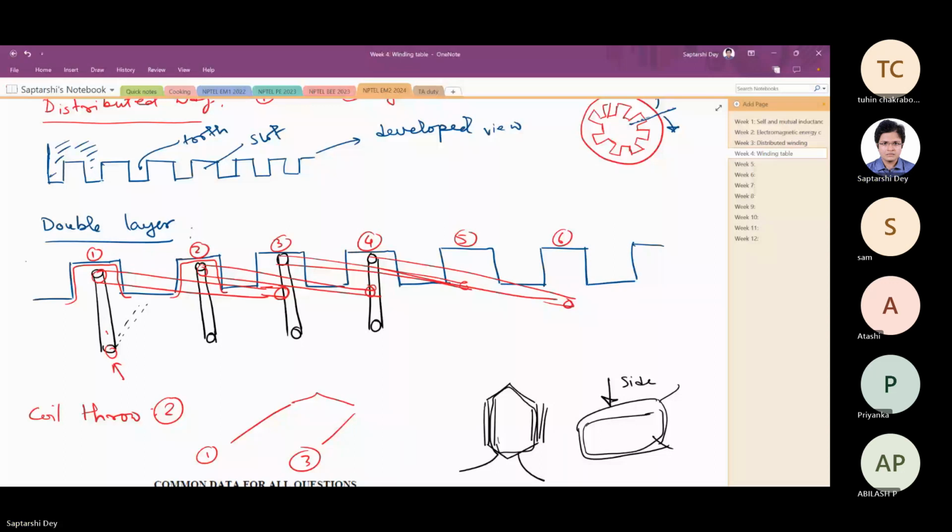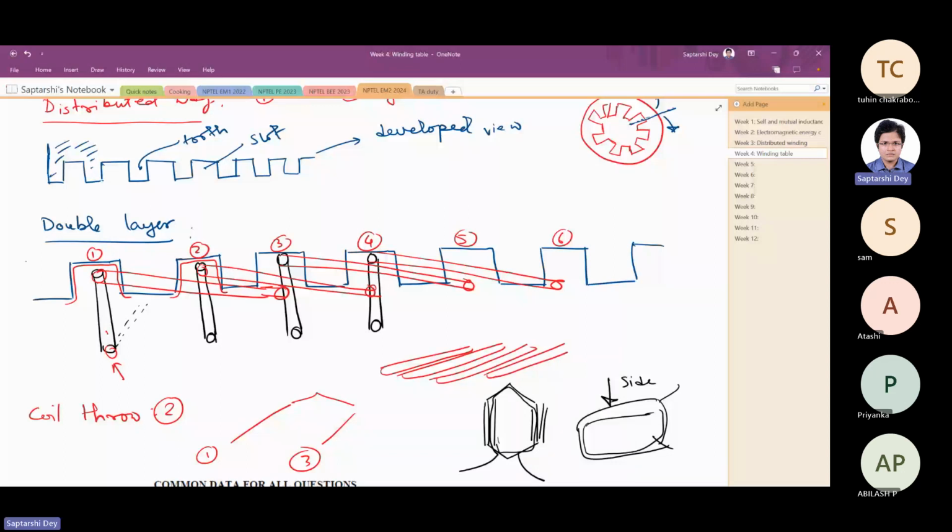So from one side, you will get to see a picture like this. Say this one coil goes, beneath this another coil goes, very symmetric pictures. Another coil goes like this. So this is how the end winding looks.